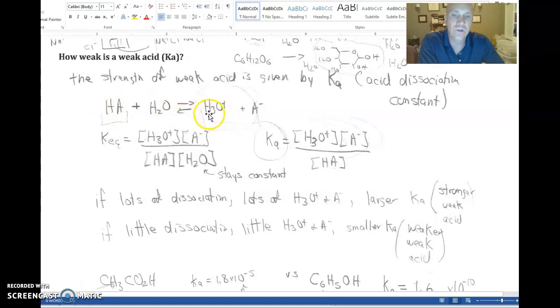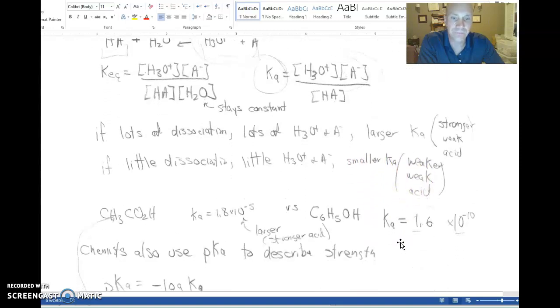Well, you're going to have very little of the stuff on the right and relatively more of the stuff on the left. So if you have a small numerator and a large denominator, that's going to overall lead to a smaller Ka. So what you can tell from the Ka is that if it's high, it's a relatively stronger acid, and if it's low, it's going to be a relatively weaker acid.